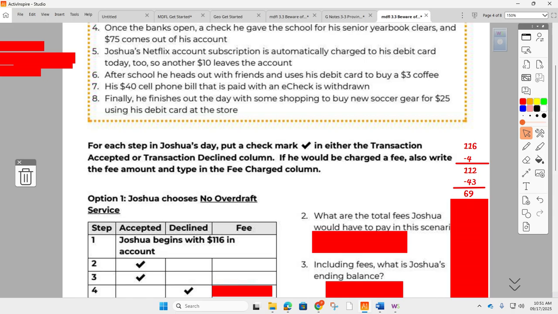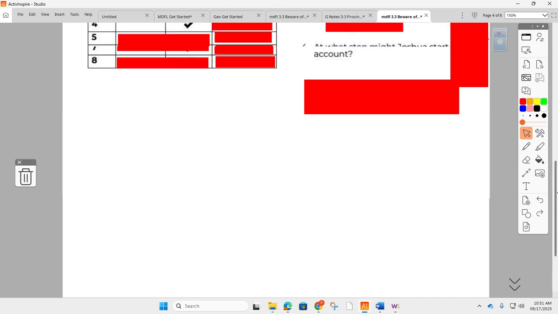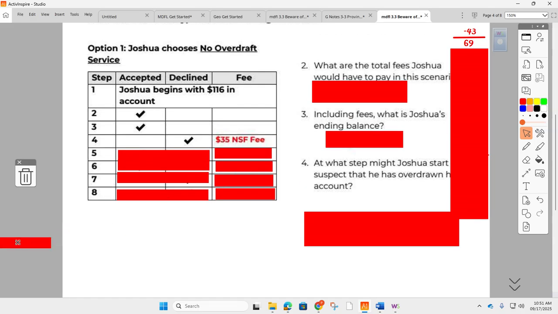So are we going to subtract $75 from his balance? Only if they pay it, right? But are they going to charge him a fee? Yes, they are. They're going to charge him a $35 fee, and so we have to subtract that from his balance. Now his balance is $34.